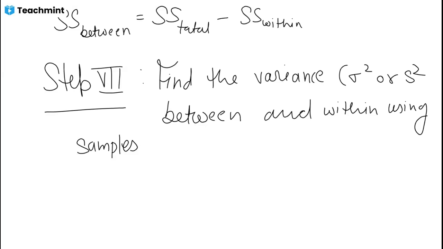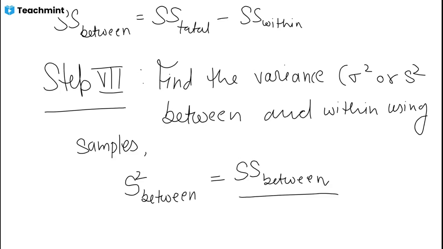And we can express variance in terms of sum of square and degree of freedom as s square between is equal to sum of square between over degree of freedom between.